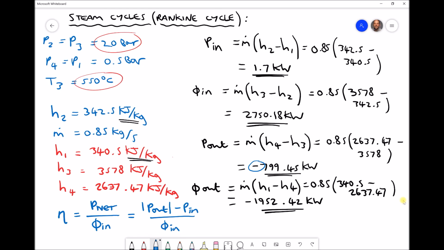So let's input some values then. The magnitude of our power output is 799.45, and the magnitude of our power input is 1.7. And the heat input to the process is 2750.18.